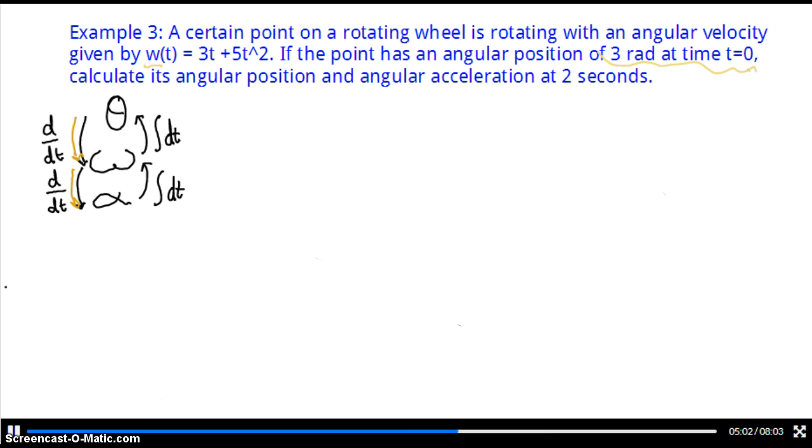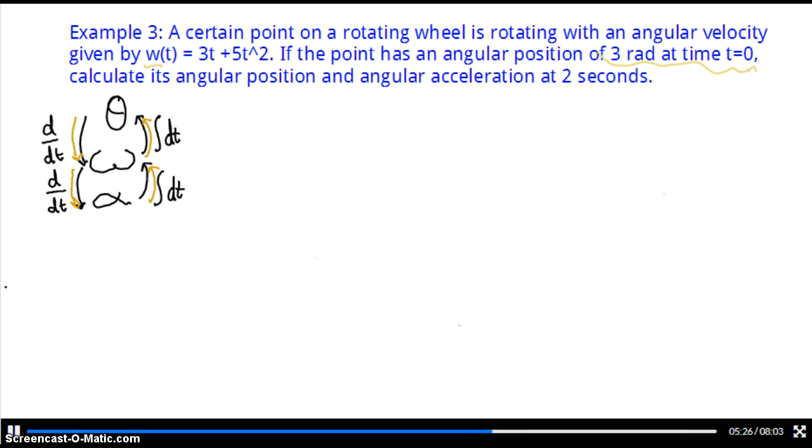Going the other way, if I have acceleration, I would then take the integral of that function to get my velocity, and then going up the ladder as well, if I have velocity, I would take the integral with respect to time to get the position. So let's go ahead and do our basic calc here and calculate those values.